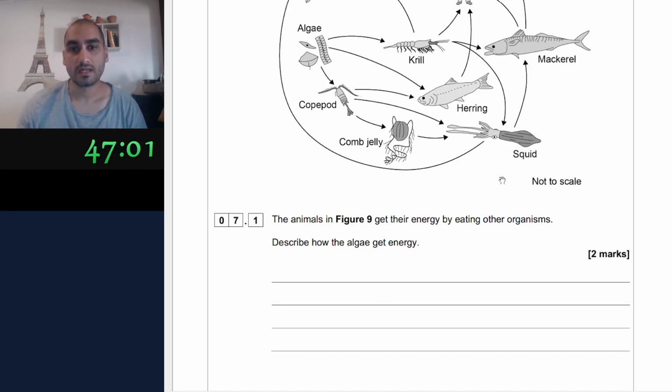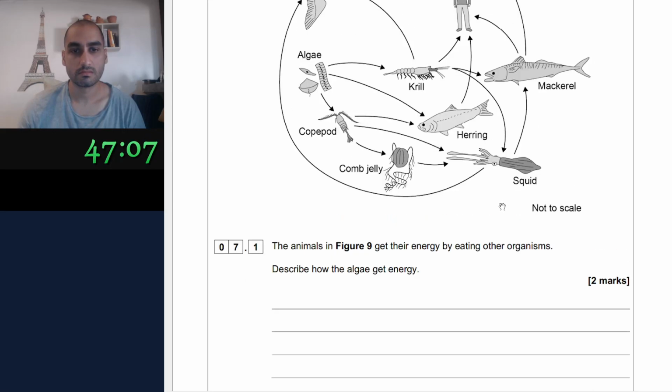The animals get their energy by eating other organisms. Describe how the algae get energy. How do algae get energy? It's not from the sun, because there's no sun down in the deep water, is there? Or is there? No. It's really dark. But what color is algae? It's green normally, isn't it? But you can get pink algae, which is why flamingos are pink, because they eat the pink algae.